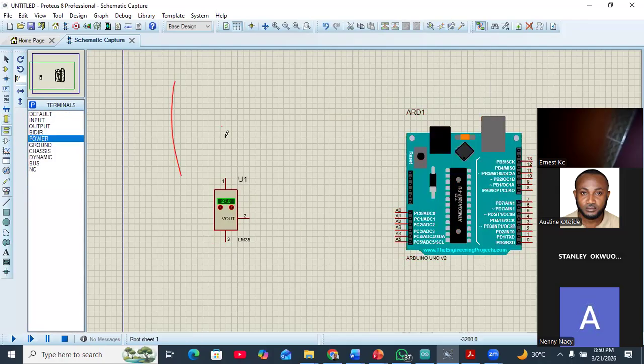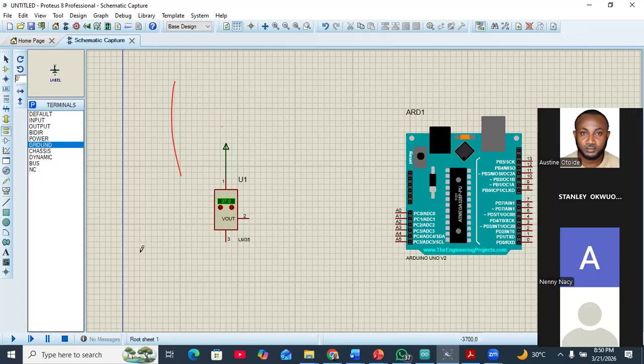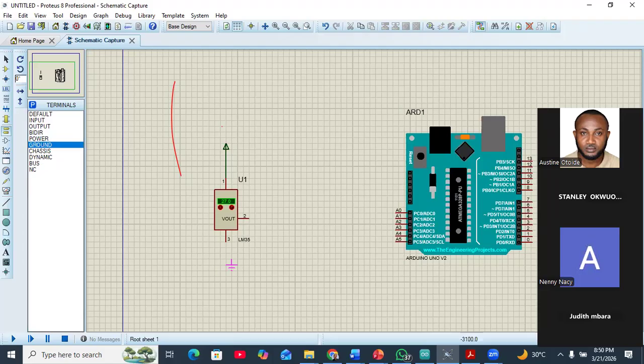I just want to be sure that the polarity is correct. If this is power, then we pick ground, and then we check the output.